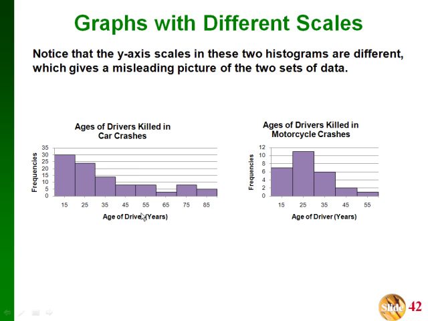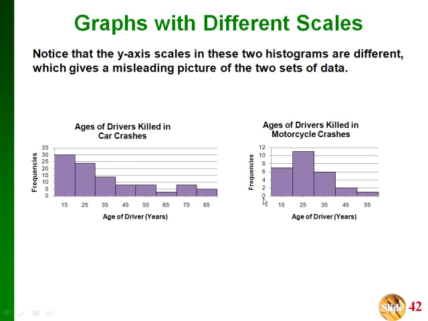Another thing that can be misleading if you're comparing two graphs is if you have different scales. In this case, notice that our horizontal scales are the same, although the motorcycle crashes one doesn't go out as far, but the vertical scales are quite different. For the drivers killed in car crashes, this scale goes up by 5 and it goes up to 35.